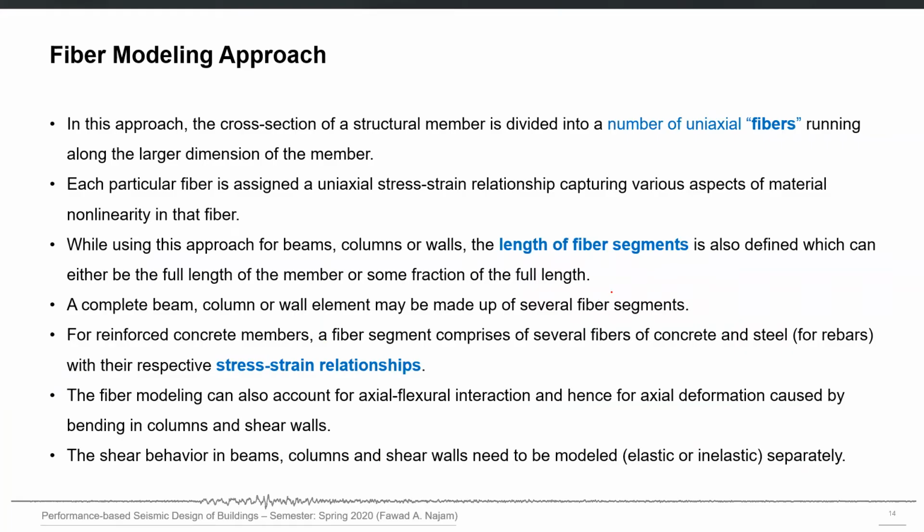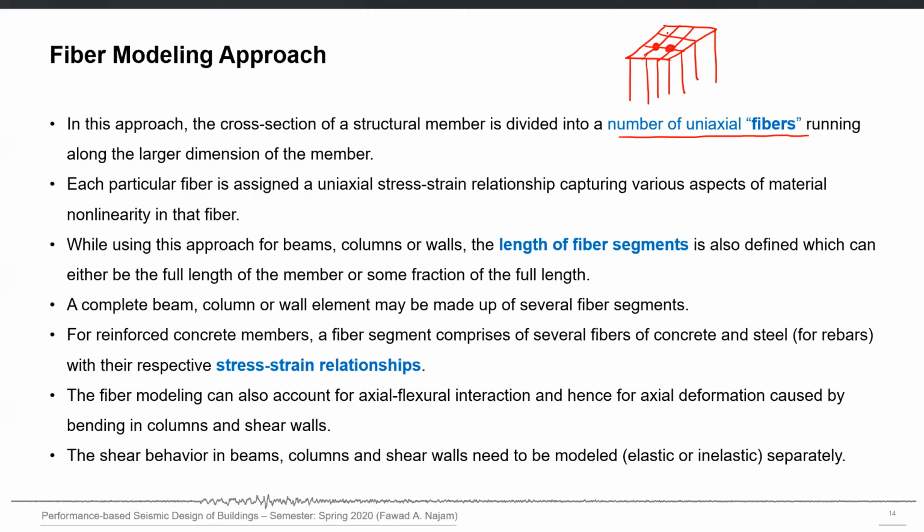As I have explained in the last session also, the cross-section of a structural member is divided into a number of uniaxial fibers. For example, if we have an RC column, we divide it into these fibers, and obviously an RC column will have some rebars also.